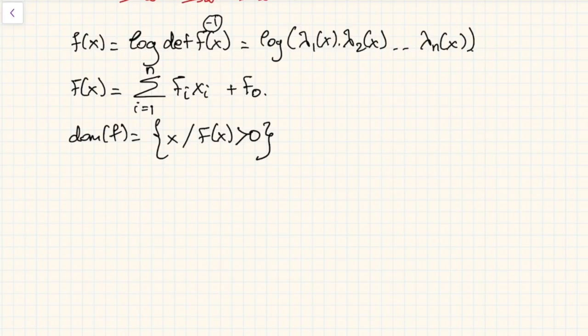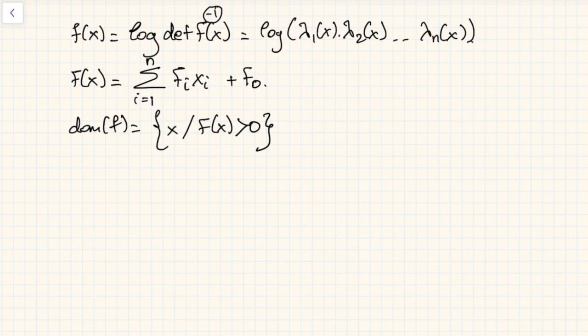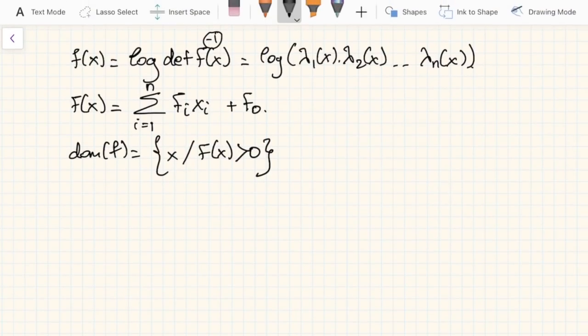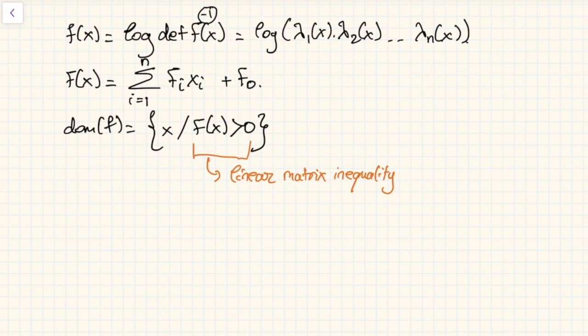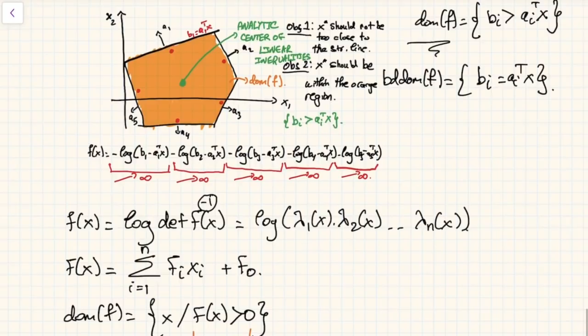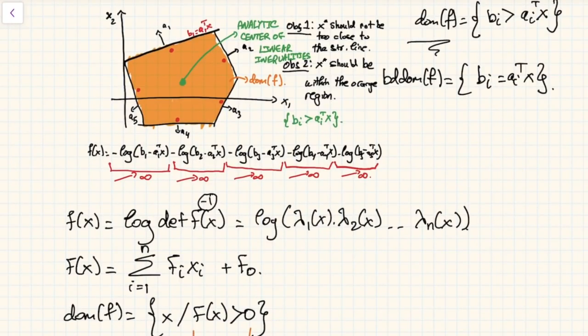So the reason I'm writing this down is because, oh, and by the way, this is the generalization part over here. Your linear matrix inequality, that is uppercase F of x, having it be positive definite, will actually define an analytic center equivalent to what we saw in the linear inequality part.